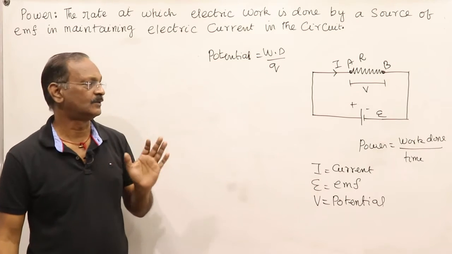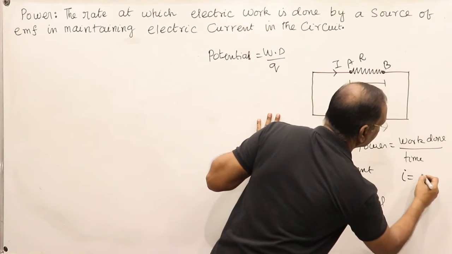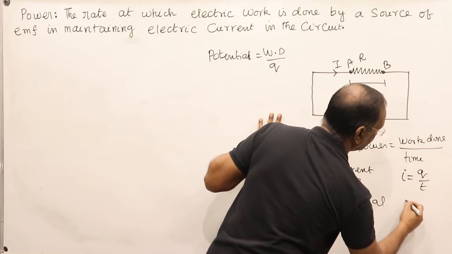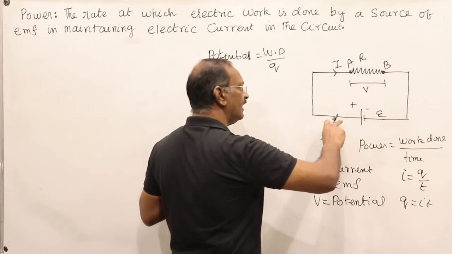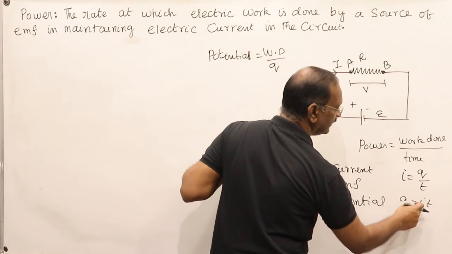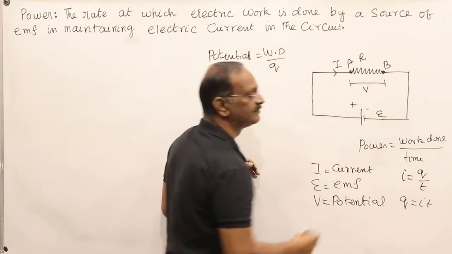What is the total charge flowing? We know current is given by charge in a particular time, or charge is equal to I into t. If the current is flowing from here to here, then charge is flowing.